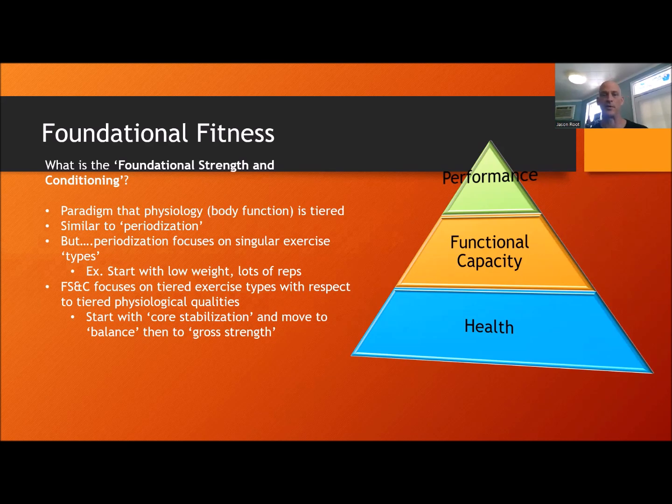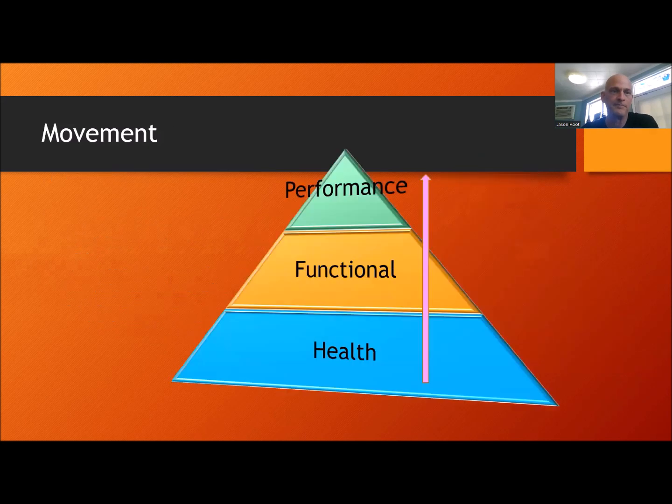Instead of, with periodization, where you might just start off with a growth strength exercise like squats, again start off with low weight, lots of reps, and then move up the weight and down the reps, that sort of thing. So that's what the paradigm is.